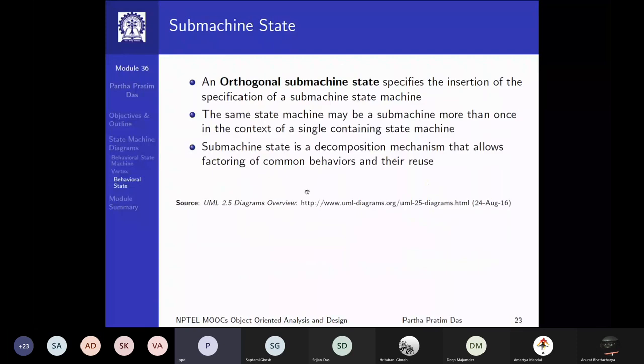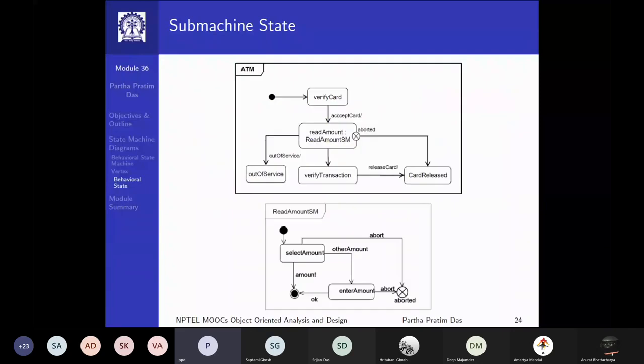So these are the composite states, or I can actually take this notion even further to have orthogonal submachine states. That is, I could have a complete decomposition into submachines altogether, where I have another FSM which describes a certain state.